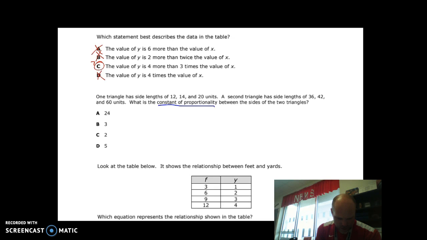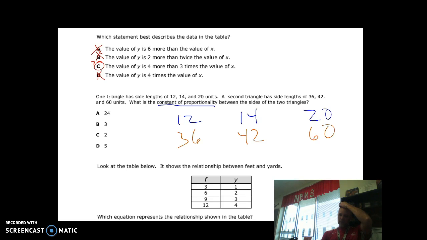We have triangle 1, which has 12, 14, and 20. And then triangle 2, or the second one, in the same order is 36, 42, and 60. So we just need to see what's constantly happening from side to side.